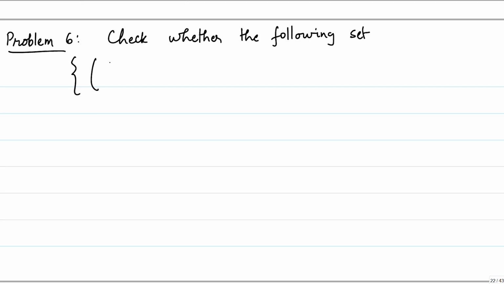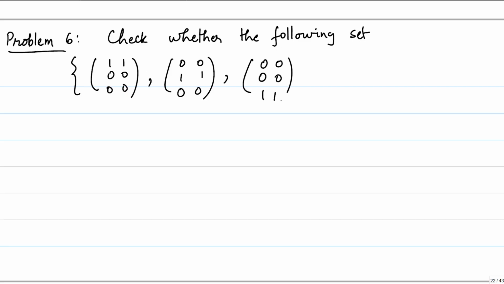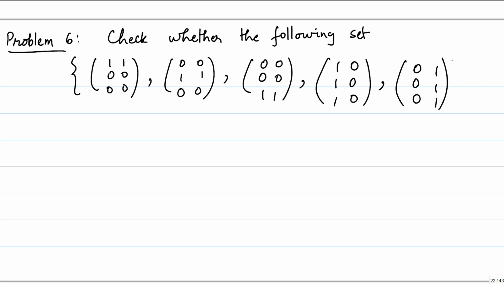The set here is (1 1 0 0 0 0), (0 0 1 1 0 0), (0 0 0 0 1 1), (1 1 1 0 0 0), (0 0 0 1 1 1).